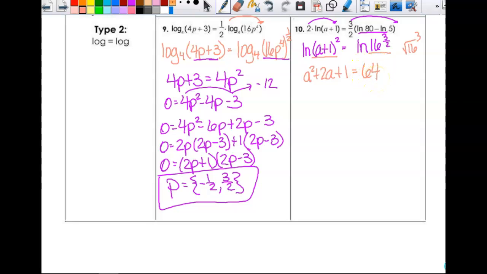Okay. So then go ahead, set it equal to 0, and factor, find your a's.